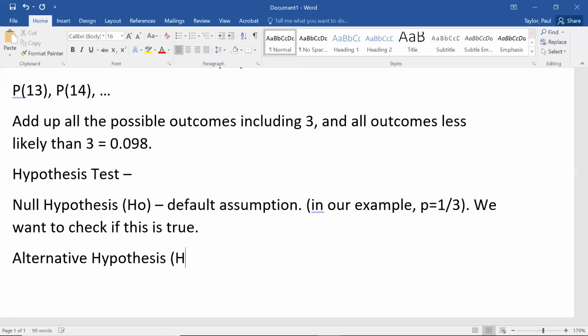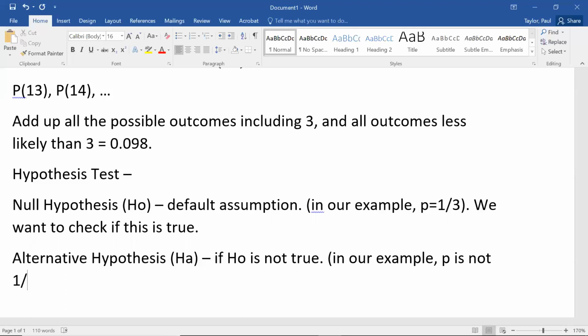So that's going to be H_A. So this is pretty much what happens if H_0 is not true. So if our null hypothesis is not true, in our example, the alternative hypothesis is that p is not 1/3.